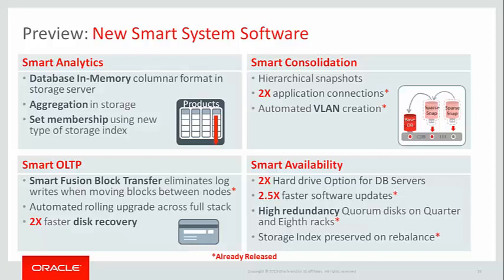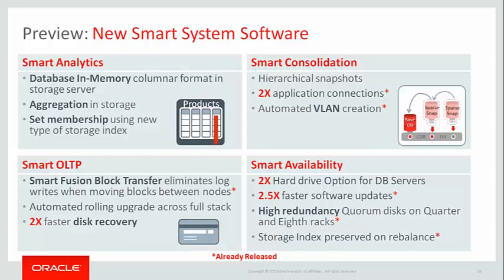So we have introduced a quorum disk utility, which will allow you to use the 2 database servers in your quarter rack or eighth rack, along with the 3 storage servers that you already have, making it 5 devices, and it will now provide a high redundancy quorum disk group.